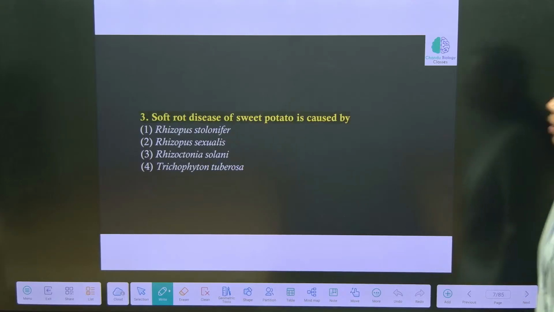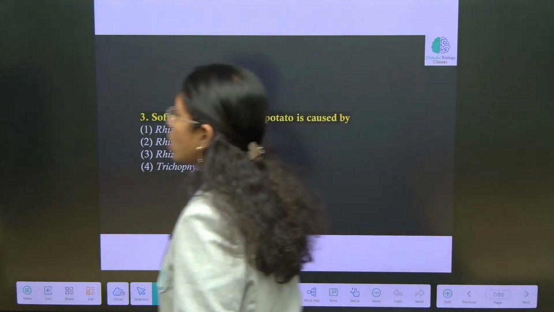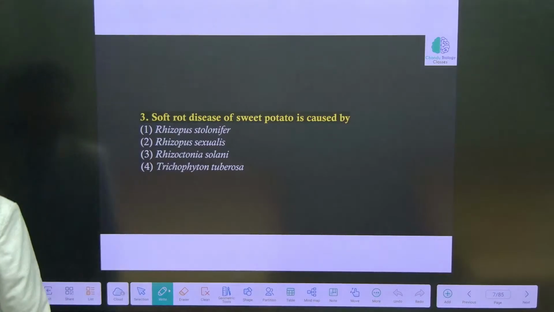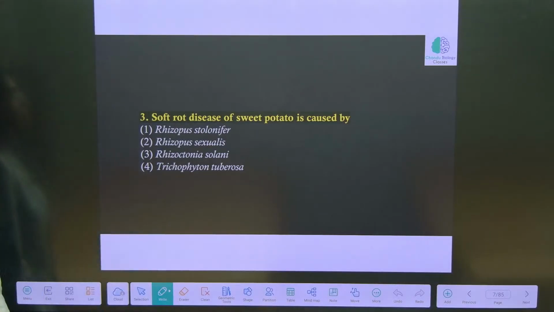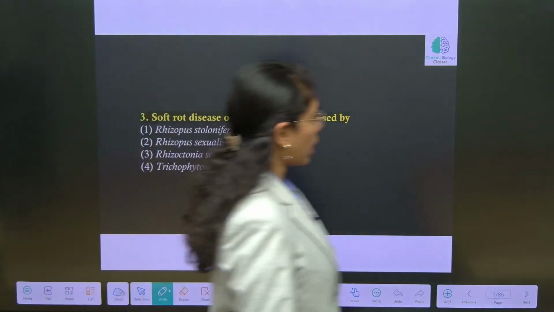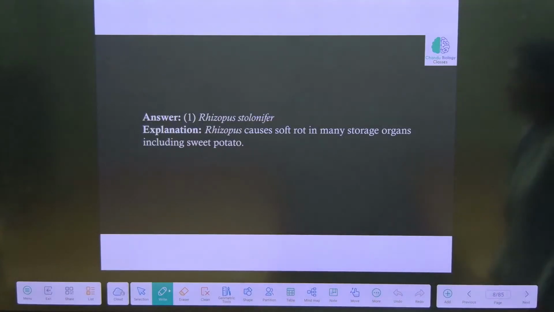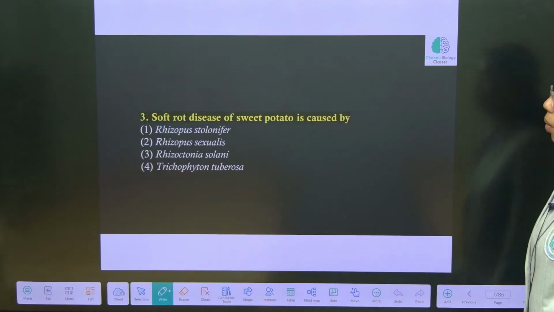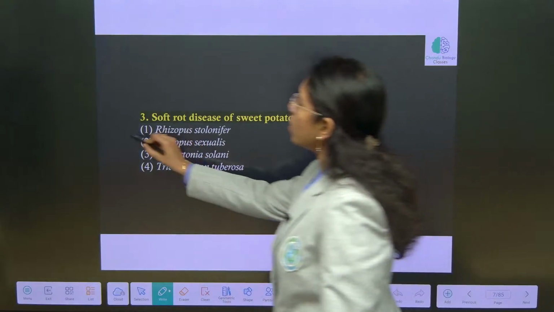Third question, look into it. Soft rot disease of sweet potato is caused by? The answer is Rhizopus stolonifera, which is option 1.